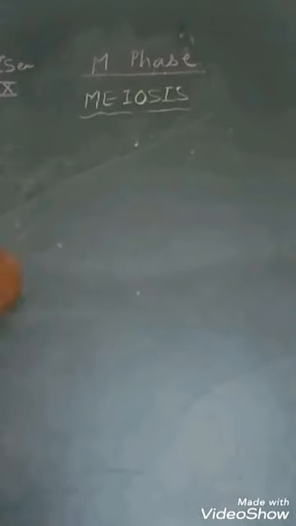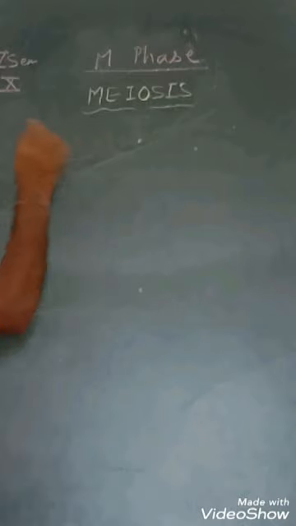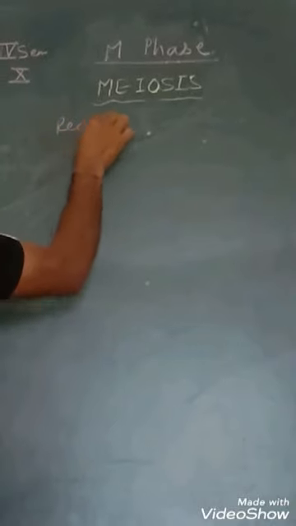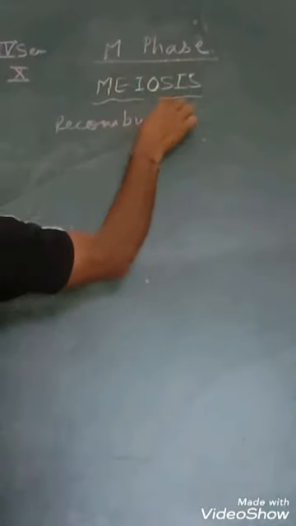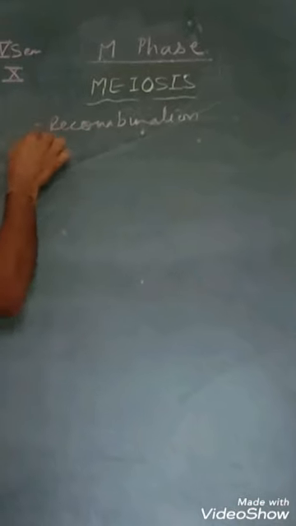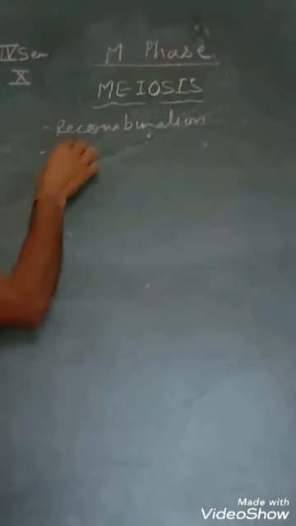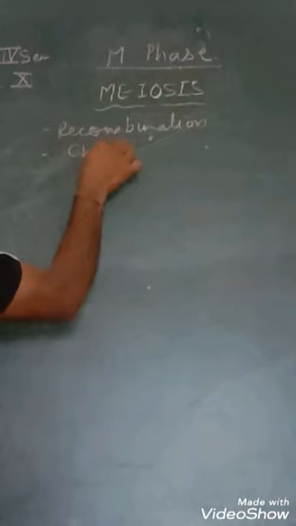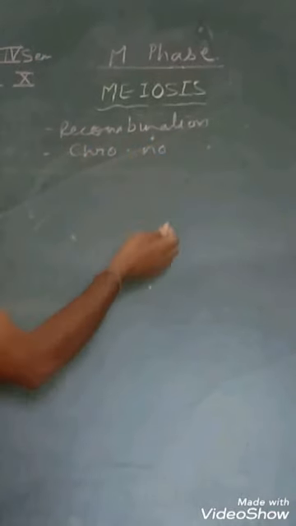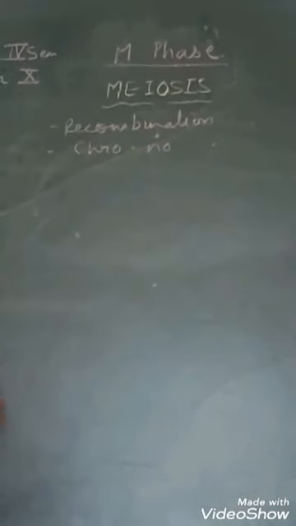Meiosis is a specialized type of division in which two main processes take place: recombination between maternal and paternal chromosomes, which creates biodiversity and variation, and secondly, the chromosome number is maintained after every generation.